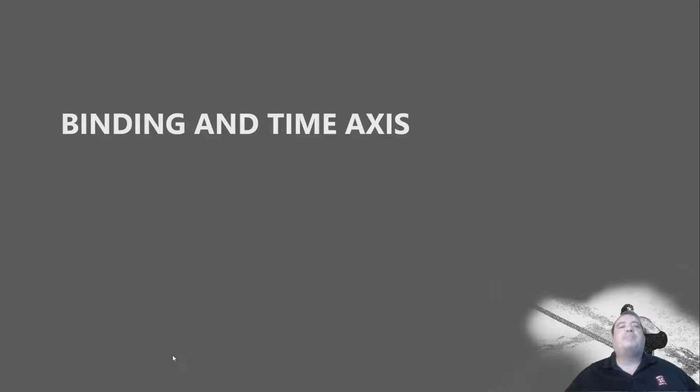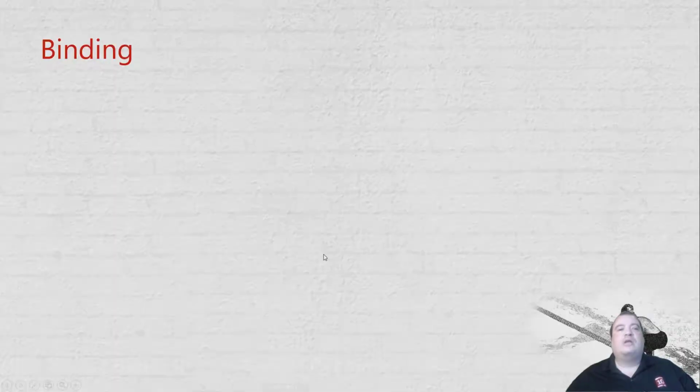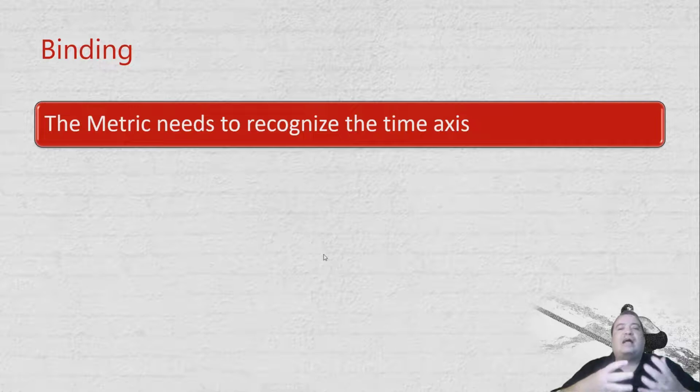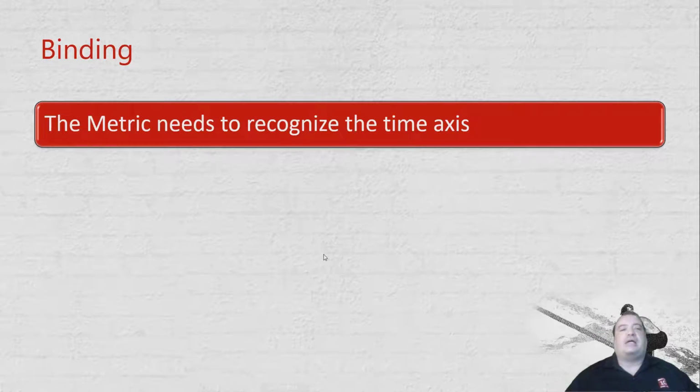Let's talk about binding the metric and controlling the time axis of the metric. Binding the metric. The metric needs to recognize the time axis. For us to correctly bind the metric, the time axis needs to be recognized.